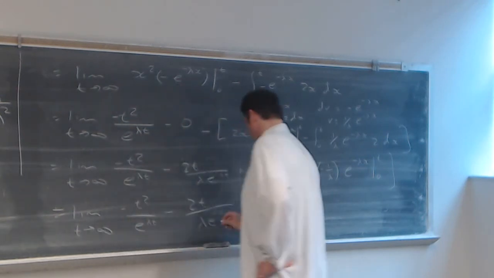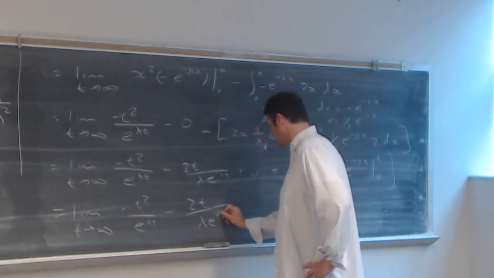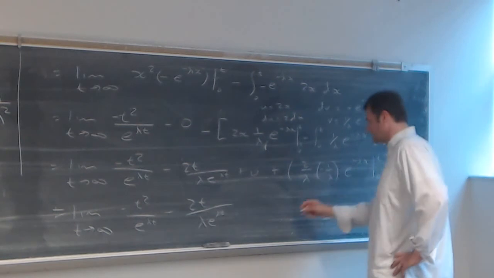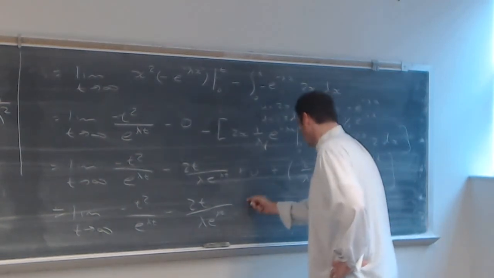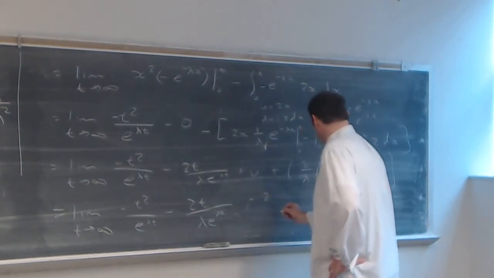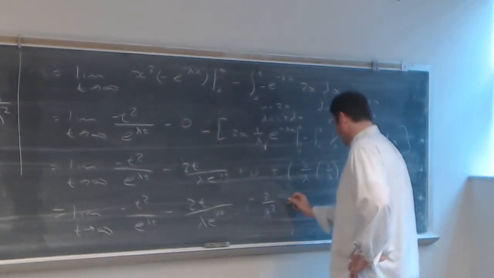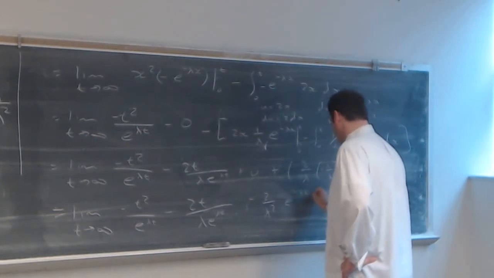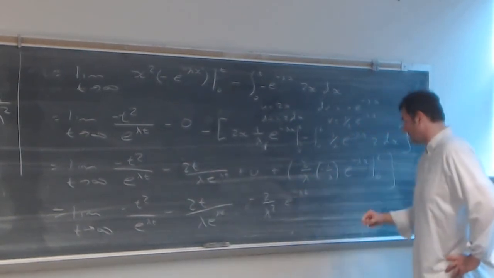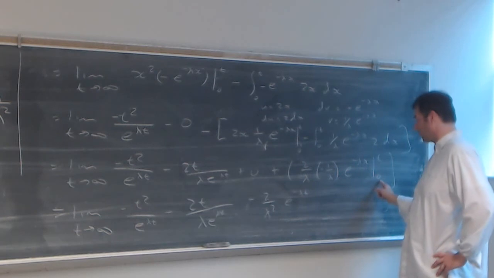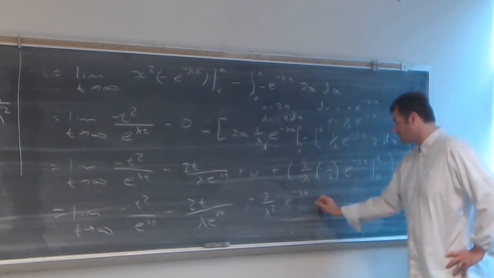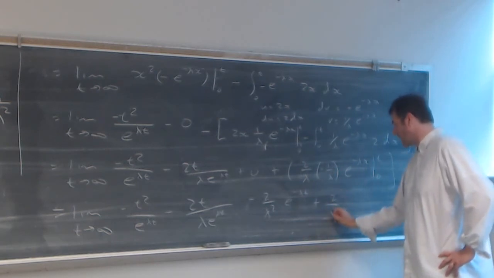I made a mistake. I make that plus. Here, when I stick in t, it would be minus 2 over lambda squared, e to the minus lambda t, and this is creating a minus, but then you subtract from it what you get when you get 0, so it becomes a plus. Here's 2 over lambda squared.